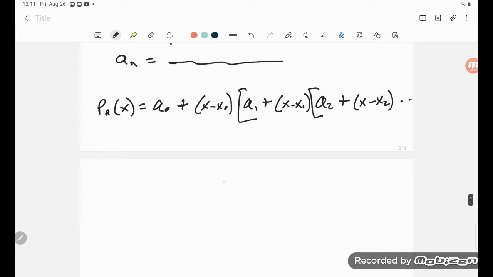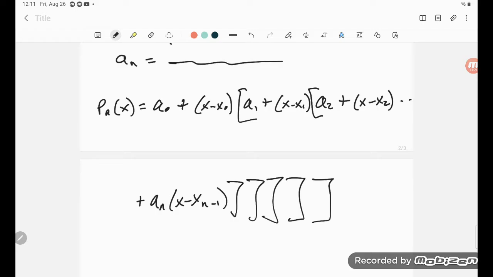So, this will have dot dot dot, plus, and we'll have our a sub n in here times x minus xn minus 1, like that, and then all these close brackets like so, and so we could start evaluating here and then just move out of the parentheses.